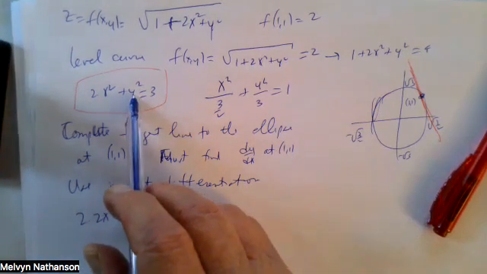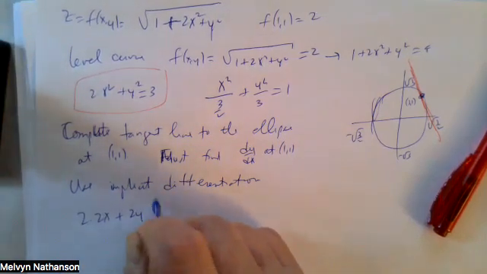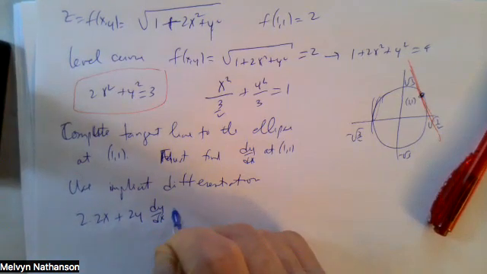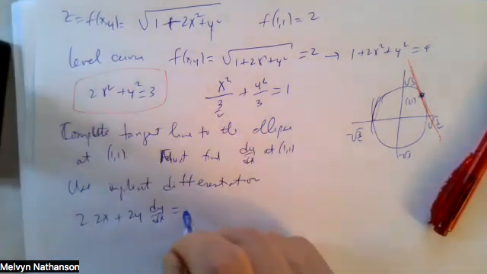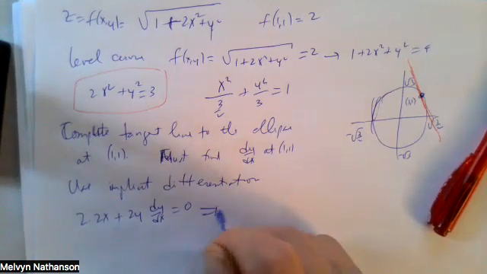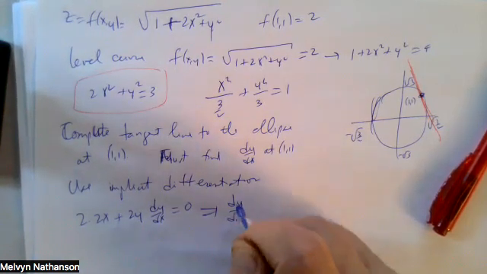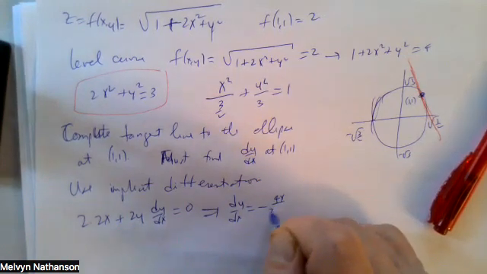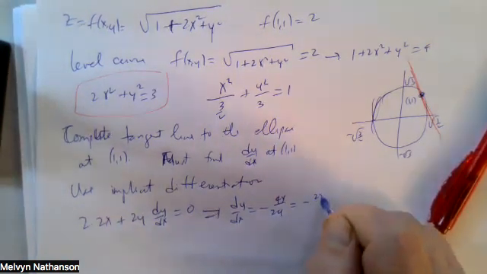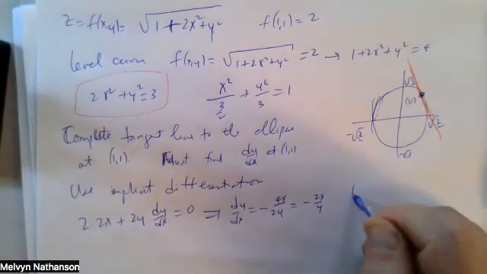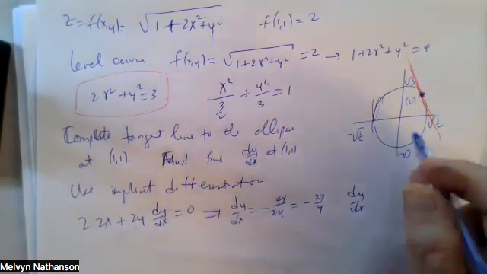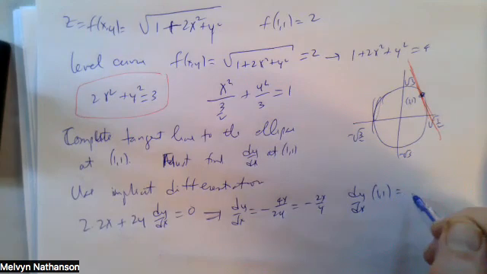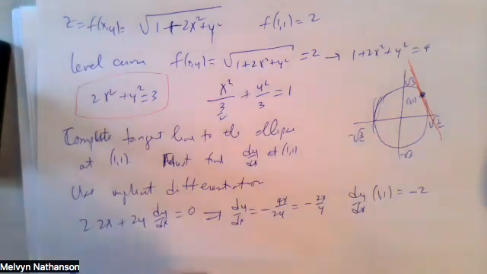The derivative of y squared is 2y dy/dx, equals the derivative of a constant 3, which is 0. So dy/dx is minus 4x over 2y, or minus 2x over y. So dy/dx at the point (1, 1) is minus 2.